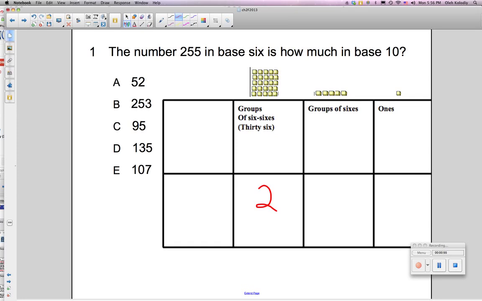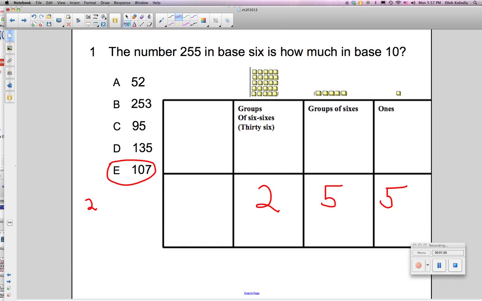So 255 means 2 of these, 5 of these, and 5 of these. 2 36s, that's 72. 5 6s, that's 30. It's 102. And 5 1s, that's 107.